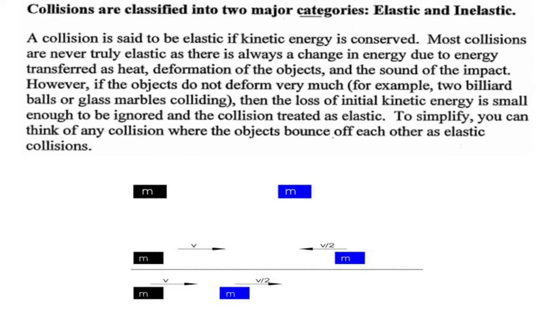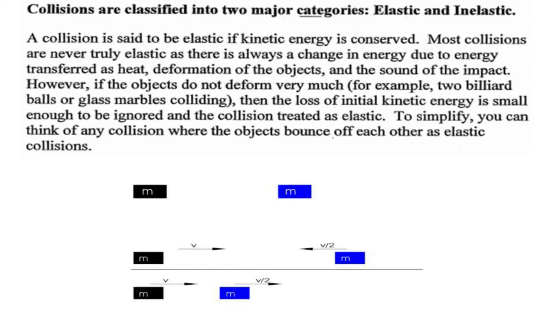However, if the objects do not deform very much, for example, two billiard balls or glass marbles colliding, then the loss of initial kinetic energy is small enough to be ignored, and the collision is treated as elastic.